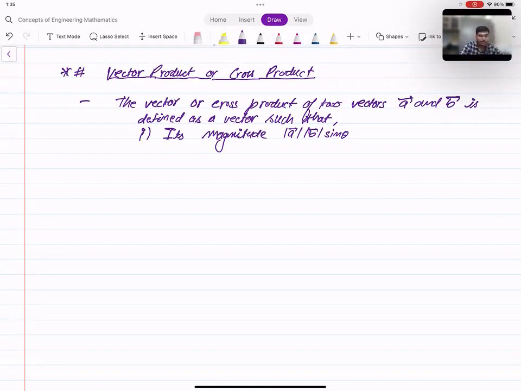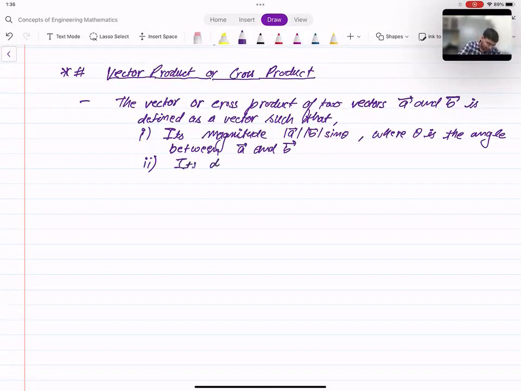Okay, where theta is the angle between vector A and vector B. So this gives us the magnitude, and the direction of this product should be perpendicular to both the vectors A and B.